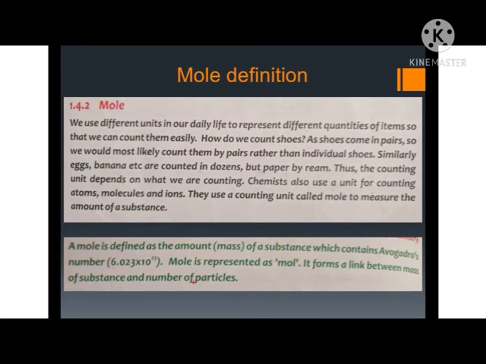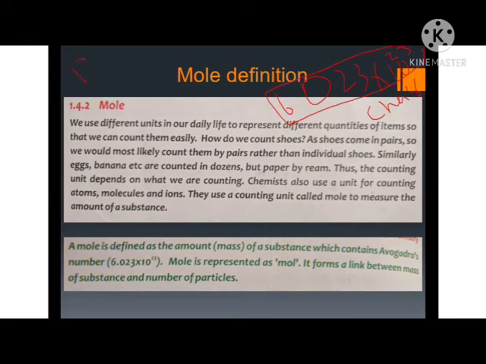If we consider 6.023 into 10 raised to power 23 cheers, then we say that this is 1 mole of cheers.